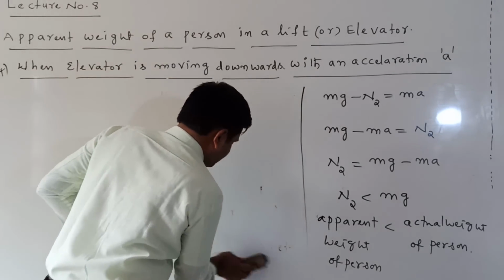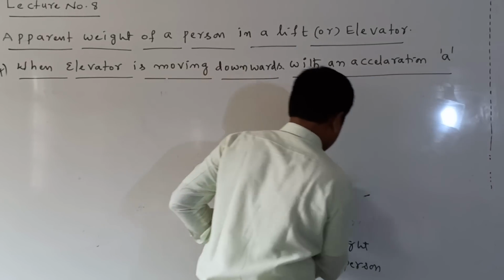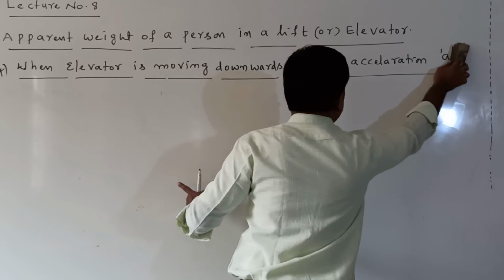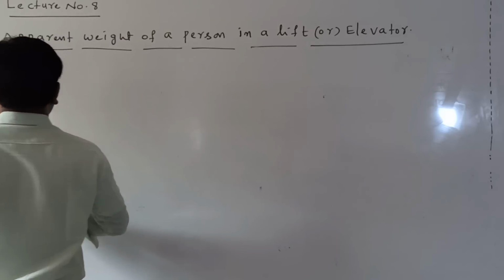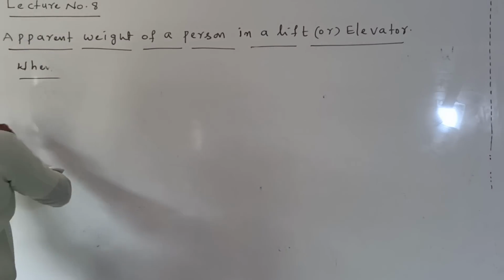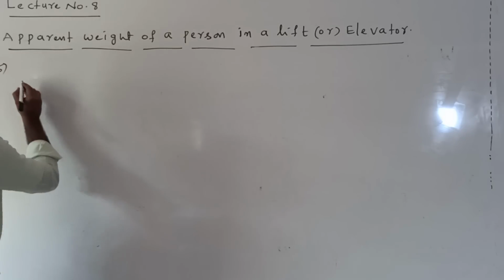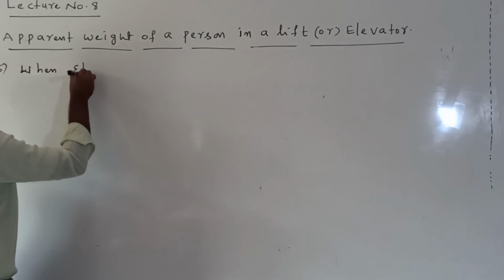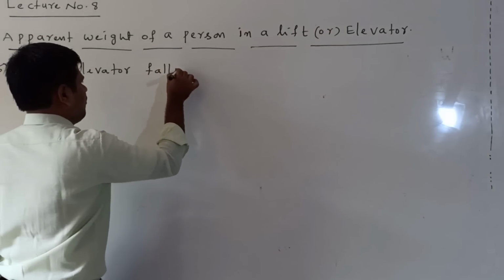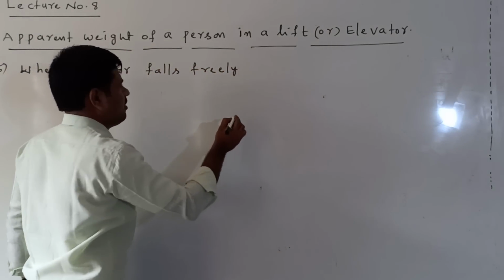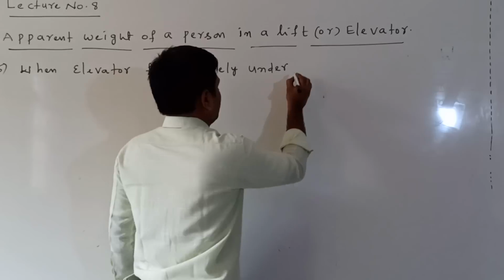Now next we are discussing the last case, the fifth case, when the elevator falls freely under gravity g.